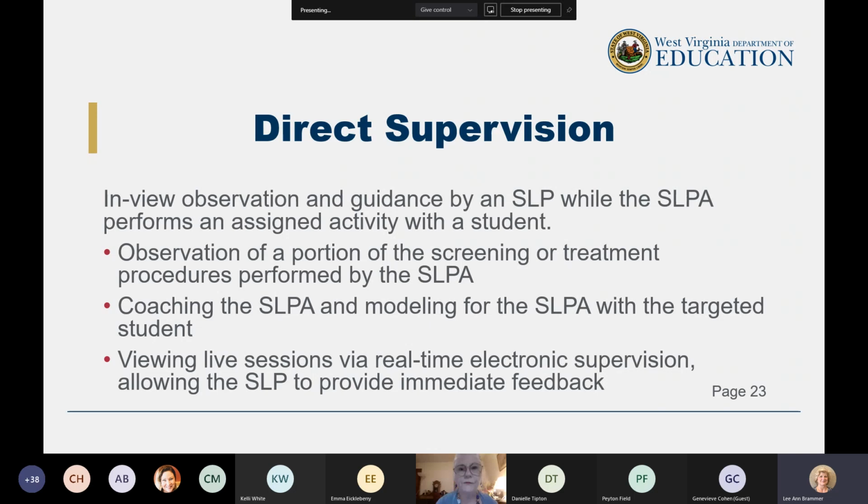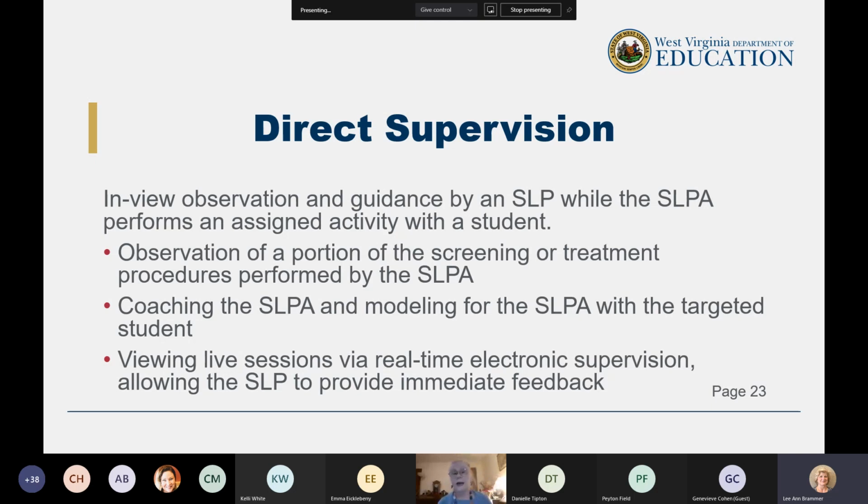Now, we got questions last year because we had supervisors and SLPAs who worked in the same room, and they wondered if they could do the supervision while they were working with different students. Well, if you think about it, if you're focusing on your students and their therapy, it's kind of hard to focus on what the SLPA is doing. I mean, there is a presence in the room, but it's not really supervision.